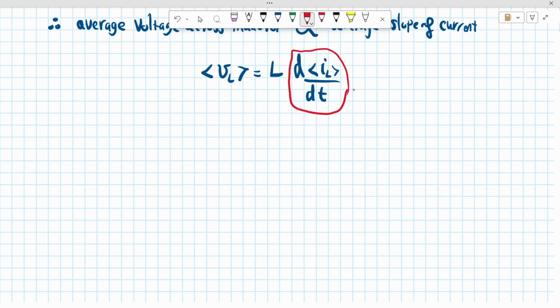So for constant average current, we need 0 average voltage, right? So for constant average inductor current, we need 0 average inductor voltage. So this takes us to the average steady state definition.